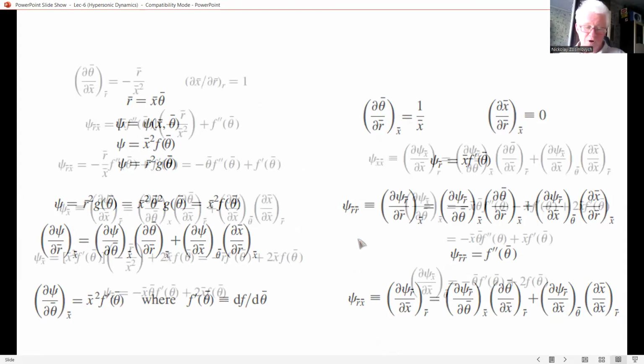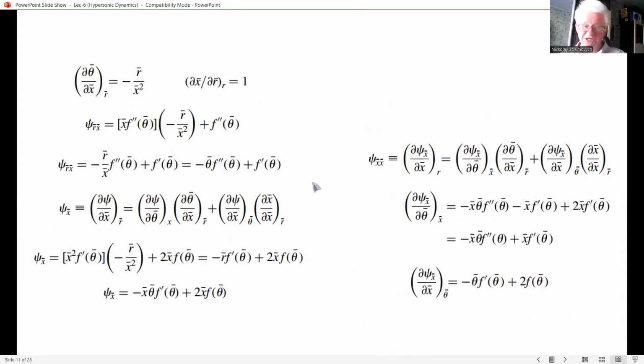So from our equation, we can get our expression for d theta over dx for average R. This is a negative function. But notice that dx over dr might be 1, and utilizing the previous expression and noting this, we arrive at this expression, the second derivative only.